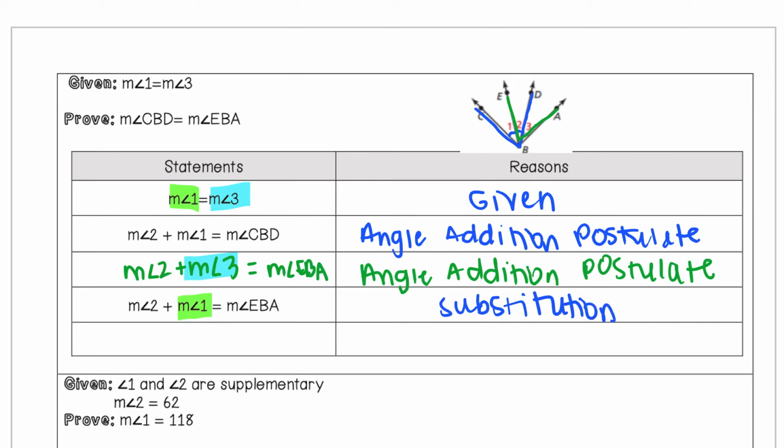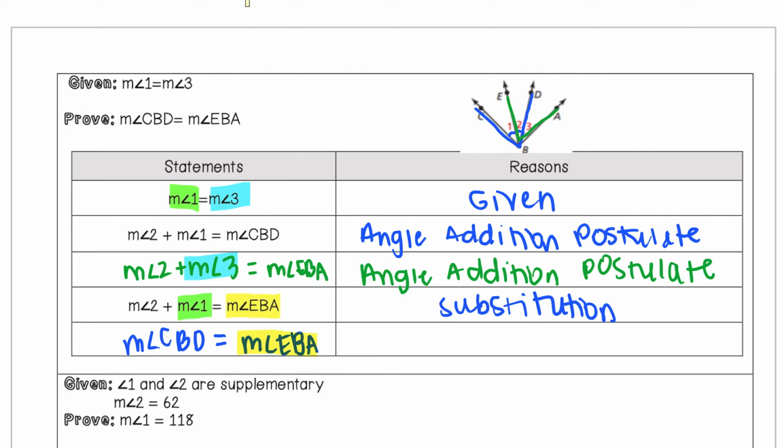And then finally, we are going to go ahead and try to make our claim that the measure of angle CBD is equal to the measure of angle EBA. Well, why are we allowed to do that? Let's take a look at what we've done so far to get to where we are. We're taking EBA and we're saying that it's equal to CBD.